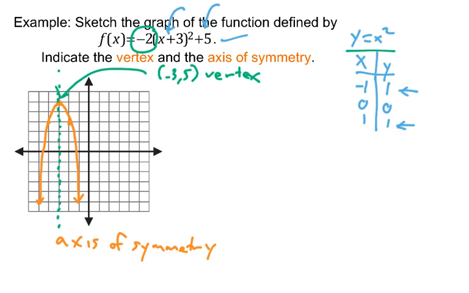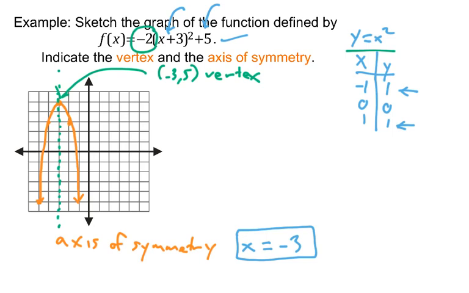It's a vertical line, so you might remember that vertical lines always have equations of the form x equals something. Well, look at where the vertical line is. It crosses the x-axis at -3. The axis of symmetry, very simply, is x = -3.